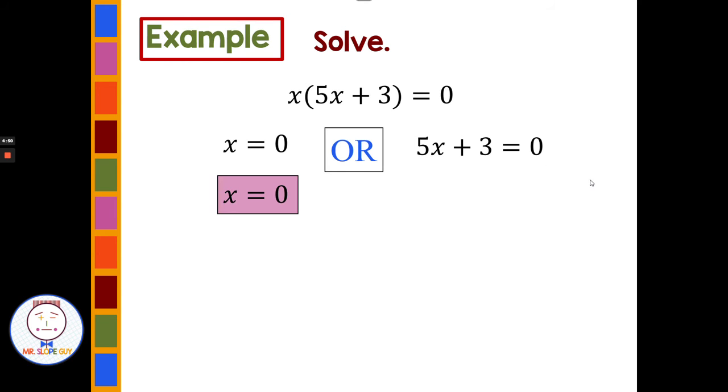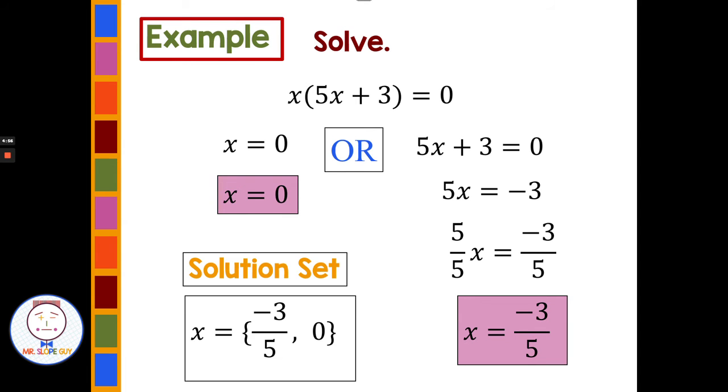Subtract 3 from each side, divide by 5, and my solutions are negative 3/5 and 0. So once I'm in factored form, I'm just taking each part that has a variable, setting it equal to 0, and solving to get my solution set. And for my solution set I just put braces and list my possible answers.